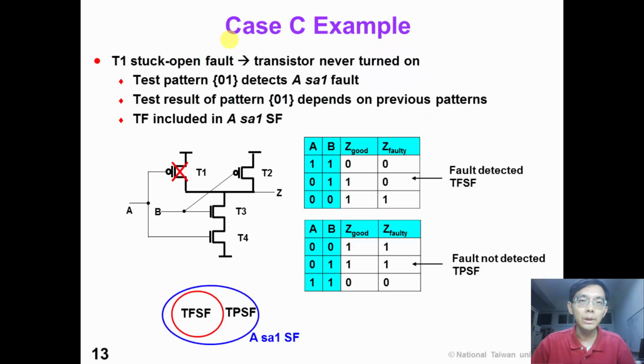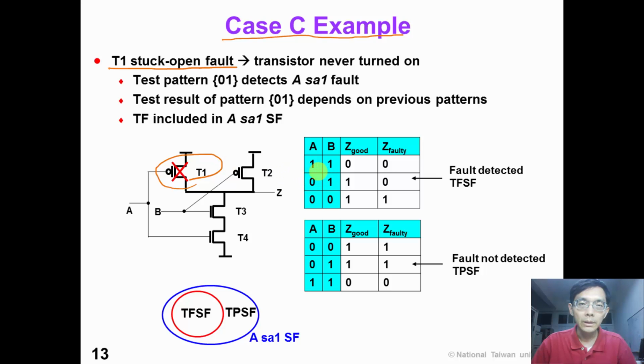Now we will show an example for case C. Suppose there is T1 stuck open 4 in this circuit, which means that transistor T1 can never be turned on.